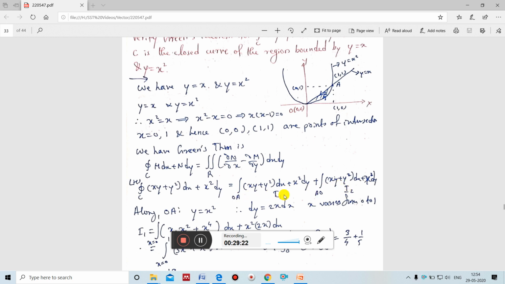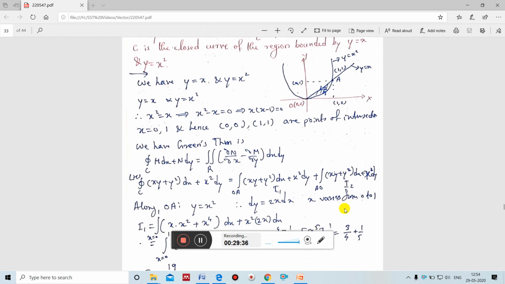So let us first find I1. I1 is the curve OA. Along OA the curve is y = x². If we differentiate with respect to x, dy = 2x dx. Then x varies from 0 to 1.